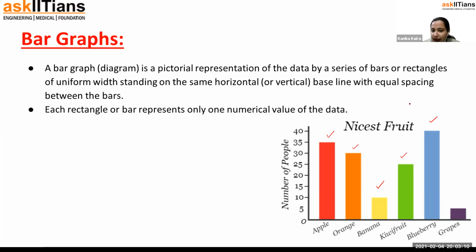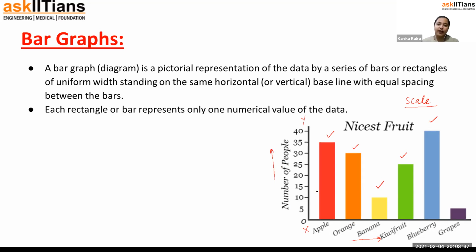And one more thing, they haven't mentioned it here, but you have to mention the scale as well. Scale as in what have you represented on x-axis and what have you represented on y-axis. I'll just tell you what x-axis and y-axis mean. The vertical axis is known as y-axis and horizontal axis is known as x-axis.